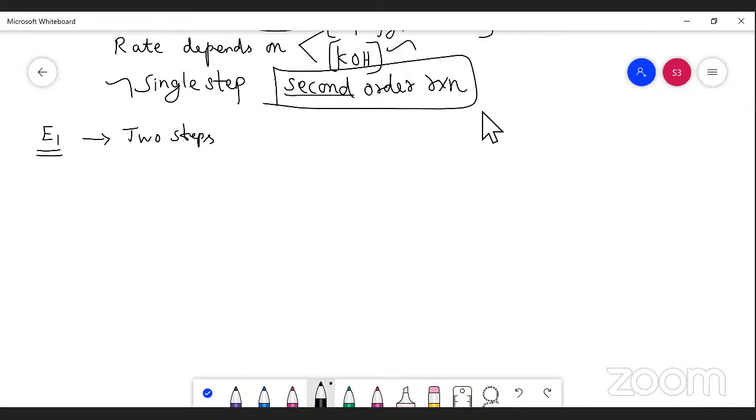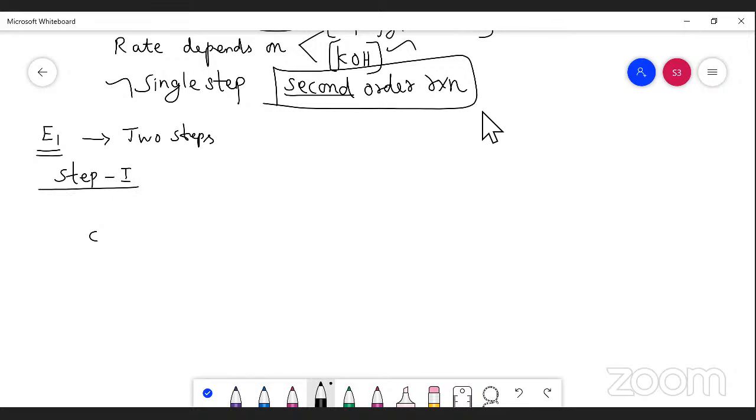For the E1 elimination, I am going to take a tertiary system. For E2 elimination, I took only a primary system. For E1, I am going to take a tertiary alkyl halide. For example, in step 1, I am going to take a tertiary alkyl halide.